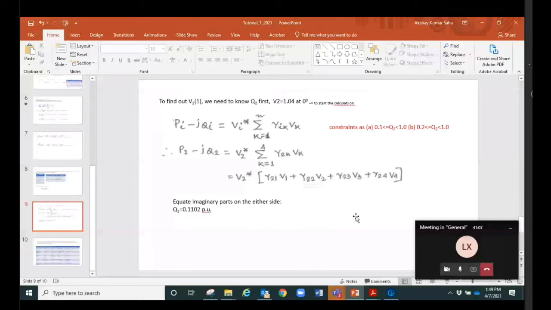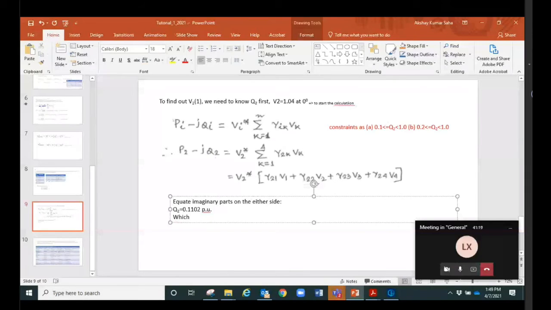What we found is 0.1102, which means Q2 is within the specified limit. It's in between 0.1 and 1.0, which is okay now.